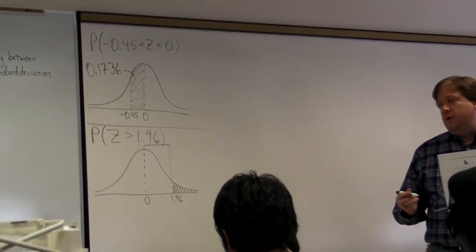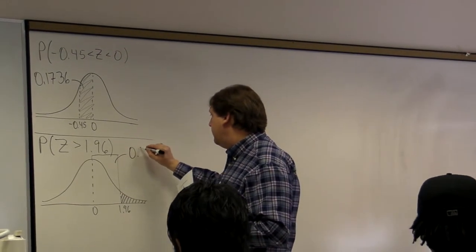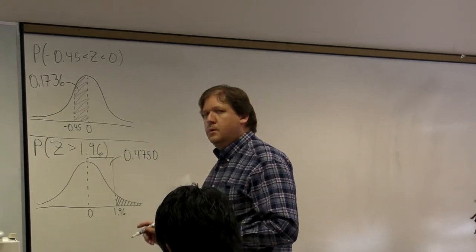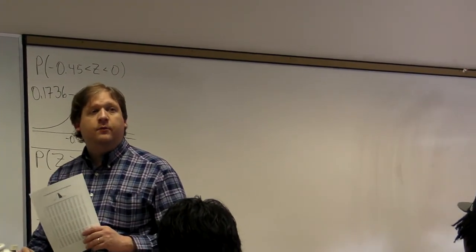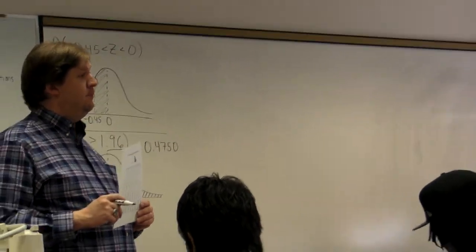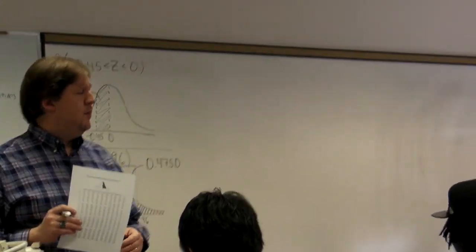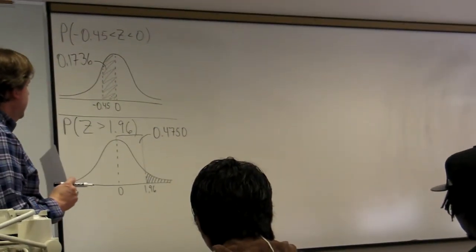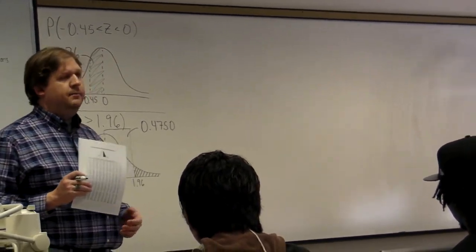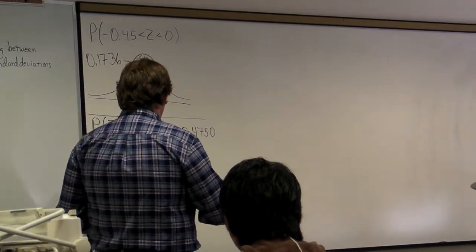If we look up 1.96 in our z-chart, we find a value of 0.4750, or 47.5%. So the probability of being between the mean of 0 and 1.96 standard deviations above it is 0.4750.